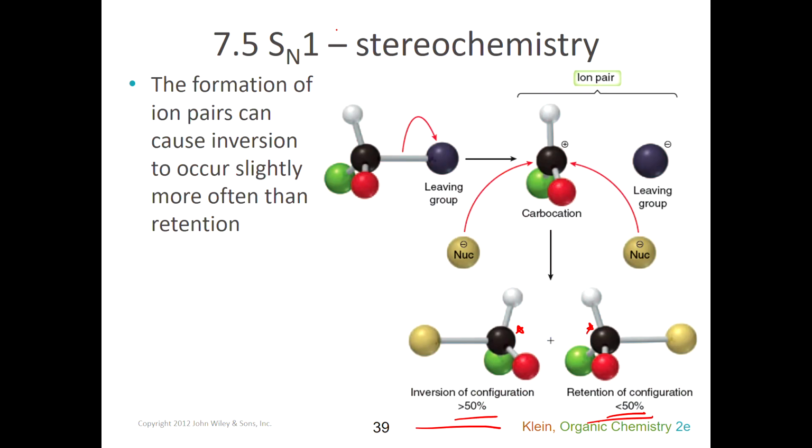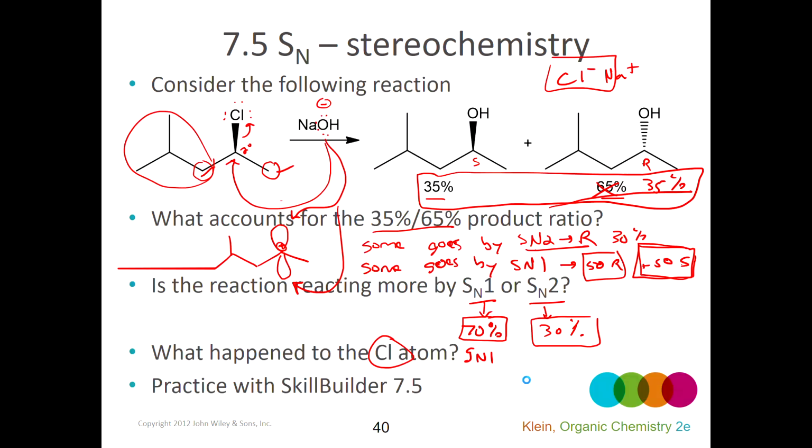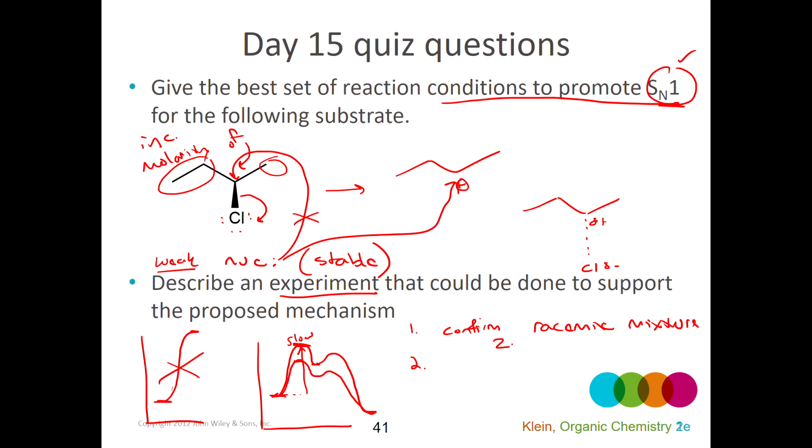If it is an SN1 mechanism, and I go through a carbocation intermediate, the nucleophile has no ability to prefer one side of attack versus the other, so I get a 50-50 mixture of two enantiomers. And that would produce zero optical rotation when I put my sample in a polarimeter. Zero optical activity.